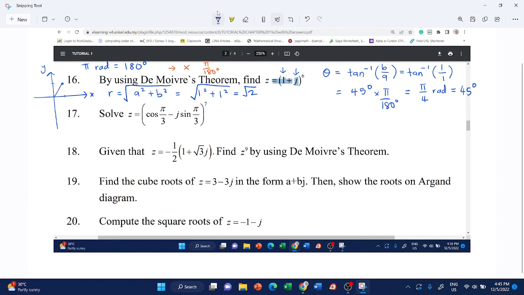This is your x, so this is your angle, 45 degrees or pi over 4 radian. The angle is already in the positive direction, and positive direction means anti-clockwise rotation. So far, do you have questions about radius and theta?